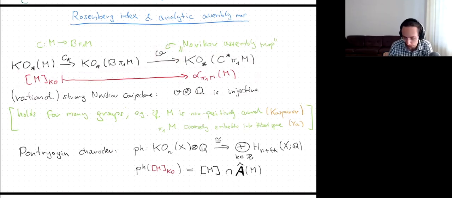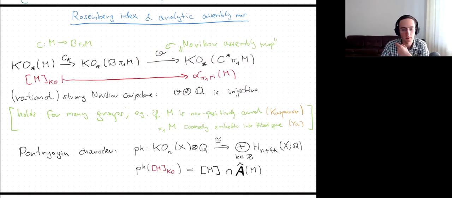So to check non-vanishing of this, we only need to check if the thing doesn't vanish here. So this is what the rational strong Novikov conjecture states, that this map here, the Novikov assembly map, is injective rationally. And this indeed holds for many, many groups.